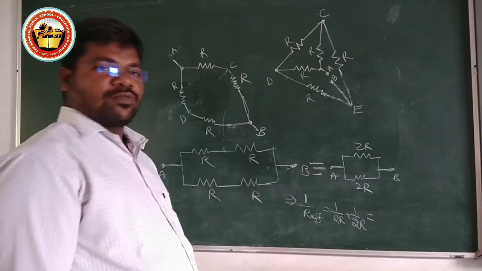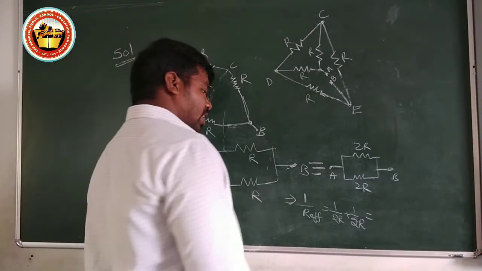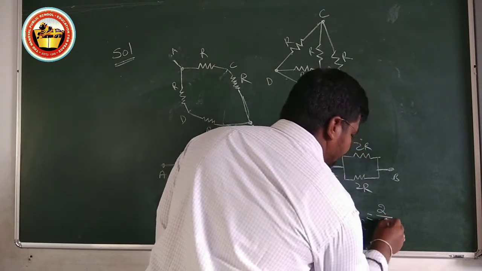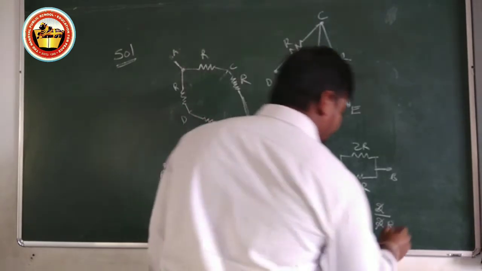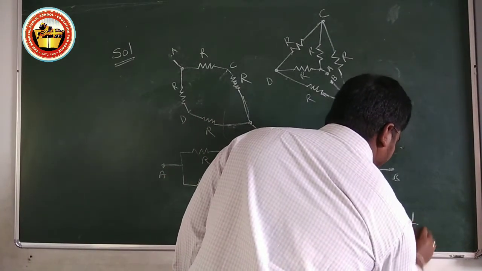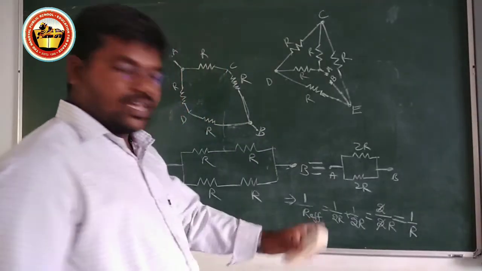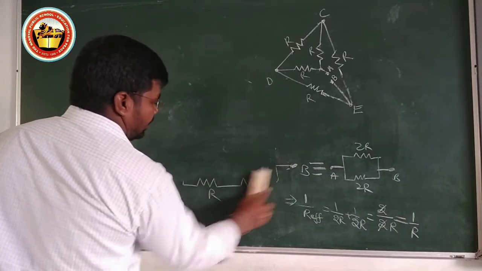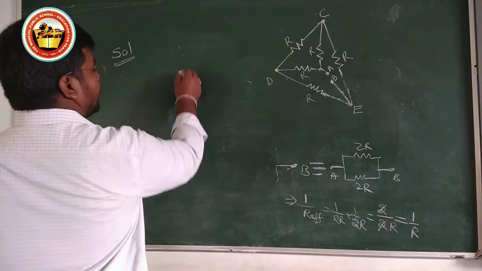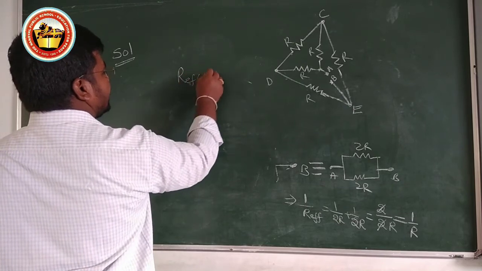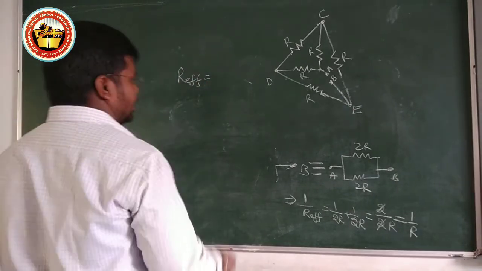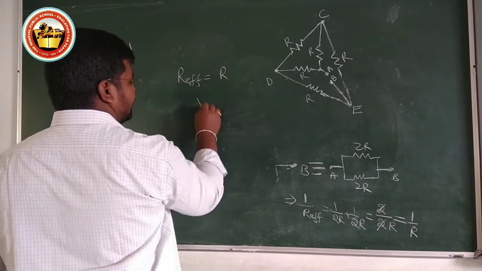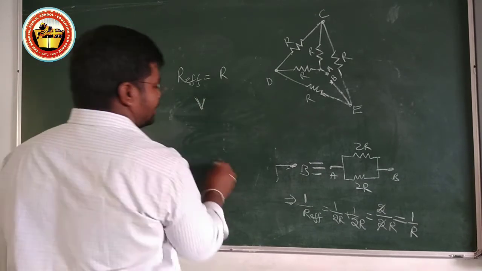So we can get 2 by 2R, R gets cancelled, so we can get 1 by R. So R effective, taking the reciprocal of the resistance, is equal to R. The potential is given by V. Then what is the current?